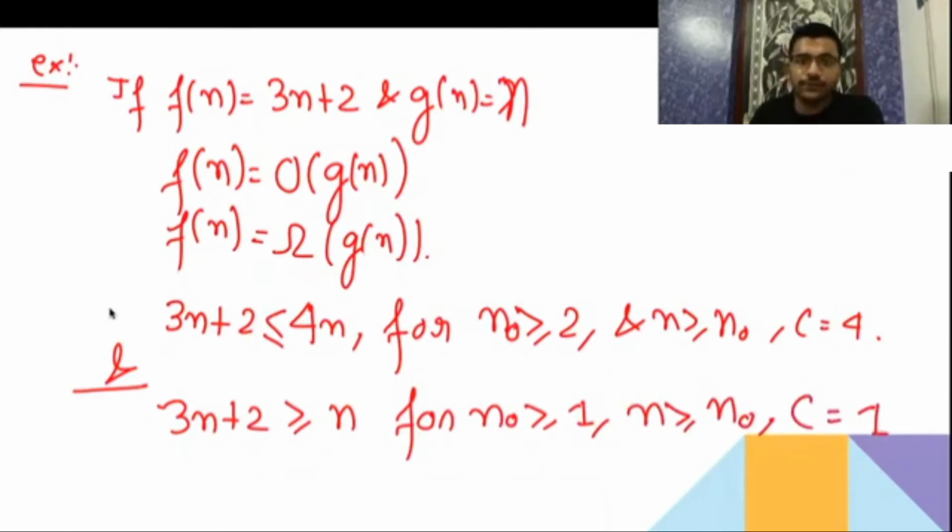So just by varying c, I am saying that 3n plus 2 is smaller than 4n and sometimes 3n plus 2 is greater than n. So now we can say that f(n) is theta of g(n). Am I clear?